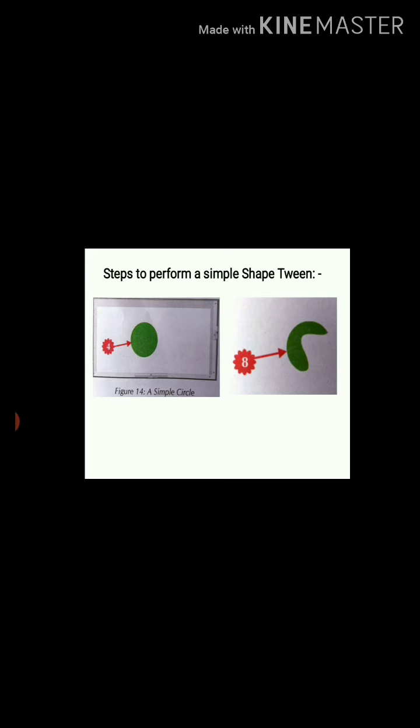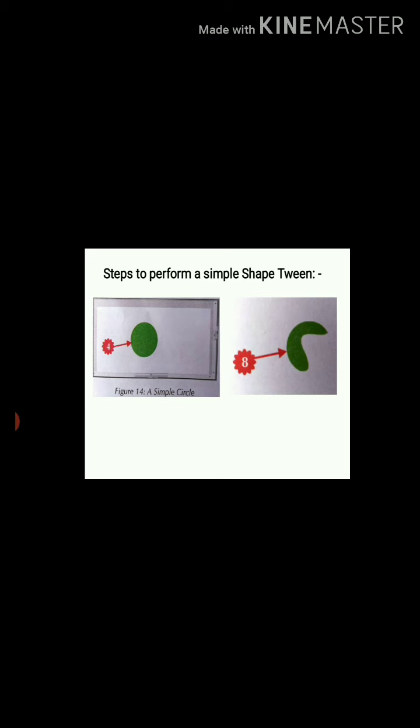Select the File menu, New. The New Document dialog box appears. Select Flash document in the Type list box. Click on the OK button. A blank Flash file will be created. Using the oval tool, draw a circle.